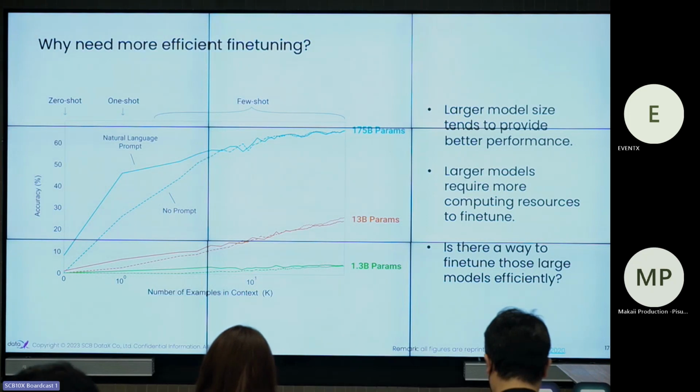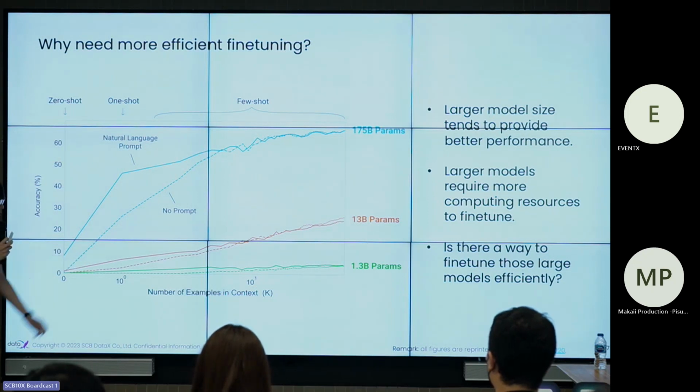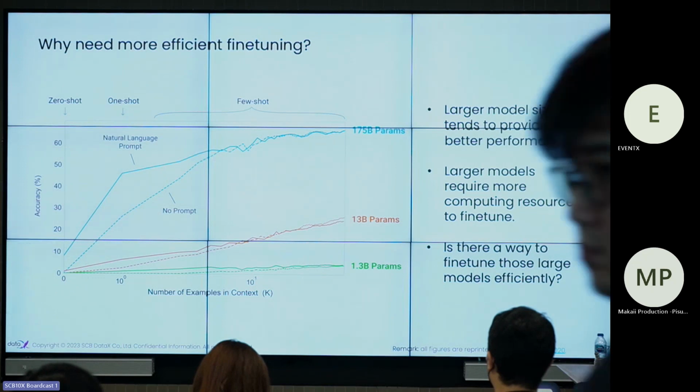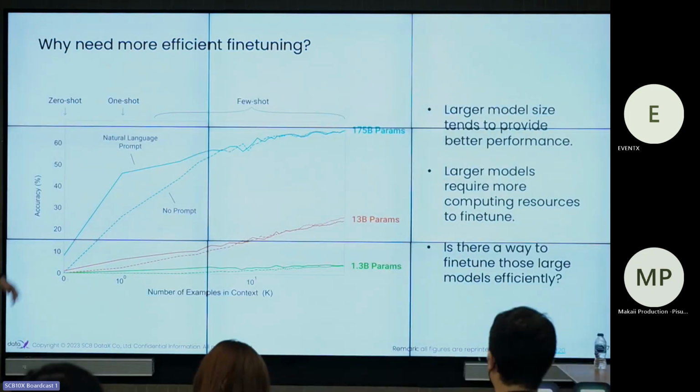A larger model tends to have better performance in any prompting technique, whether zero shot, one shot, or few shot learning. The y-axis is the accuracy, and the x-axis is the number of examples you put into the context. Focus on the different color lines: the blue one, the largest parameter count in this graph, tends to have better performance in any case.